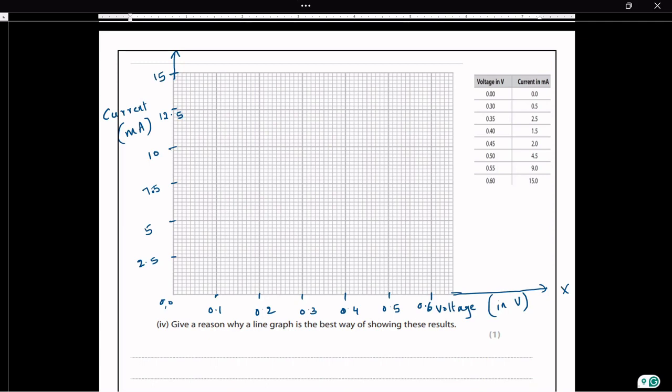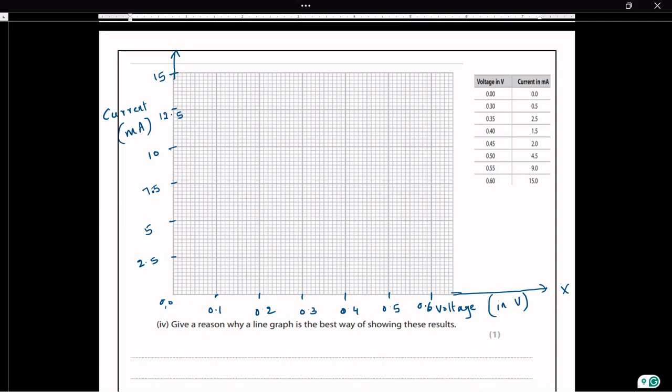Now let us mark them. When the voltage is 0, current is 0. When it is 0.3, the current is 0.5. Now let us see what is the value of each small square.